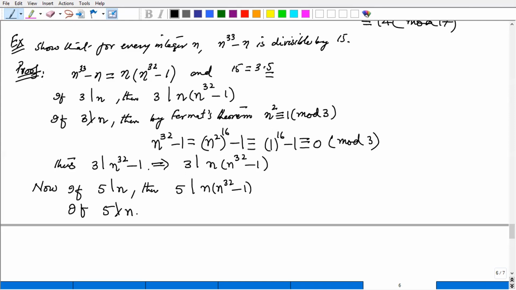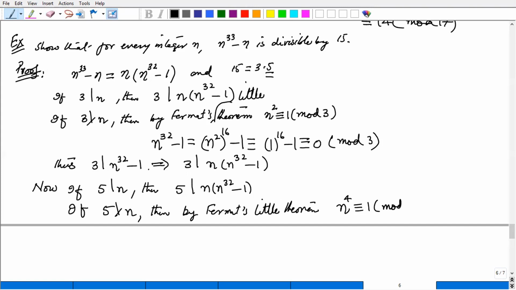If 5 does not divide n, then by using Fermat's little theorem, n to the power 5 minus 1, which is 4, is congruent to 1 modulo 5.